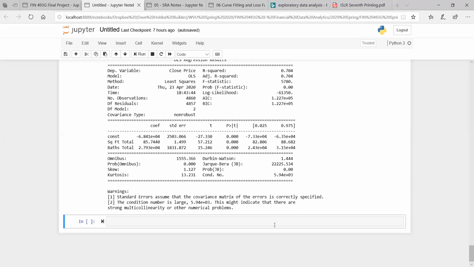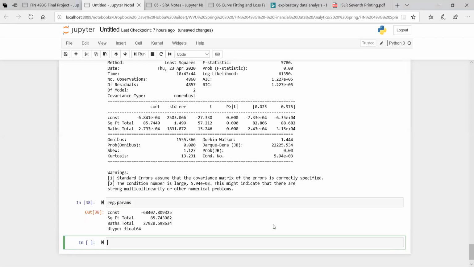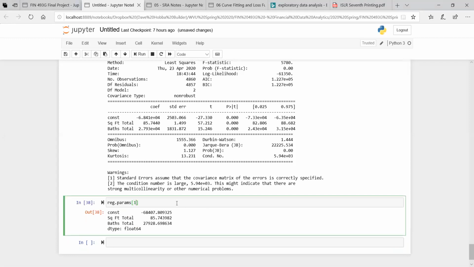To show it, I'm going to go back to our notebook file. Let's actually calculate it. So we know our regression parameters. The constant doesn't matter. Let's get a 1.